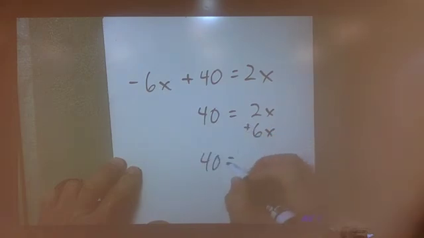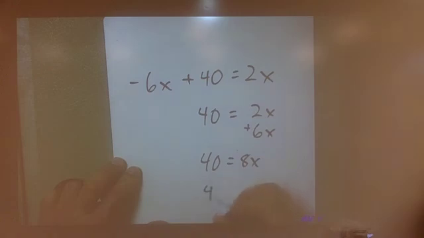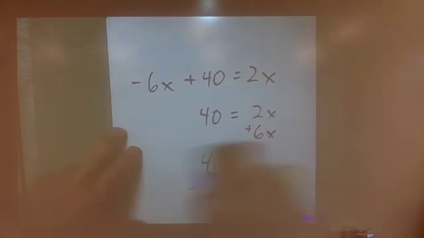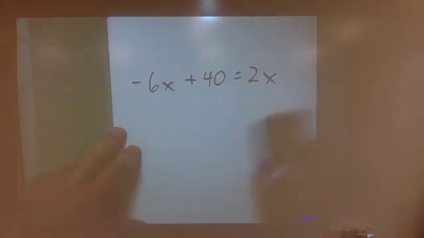So 40 is equal to 8x. What do we multiply 8 by to equal 40? We multiply 8 times 5. 40 divided by 8 is 5. So 5 equals x.